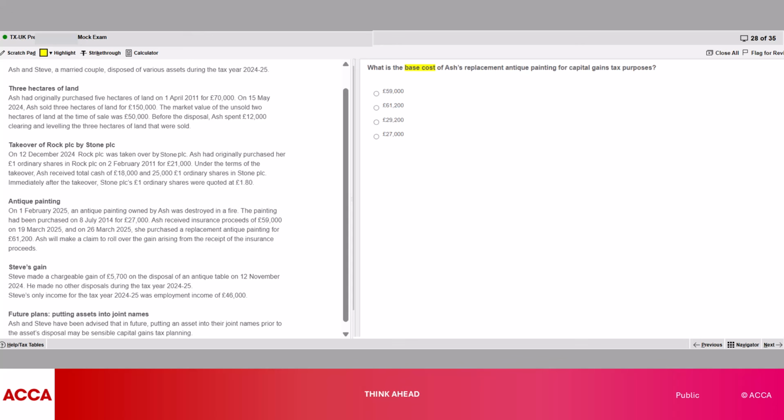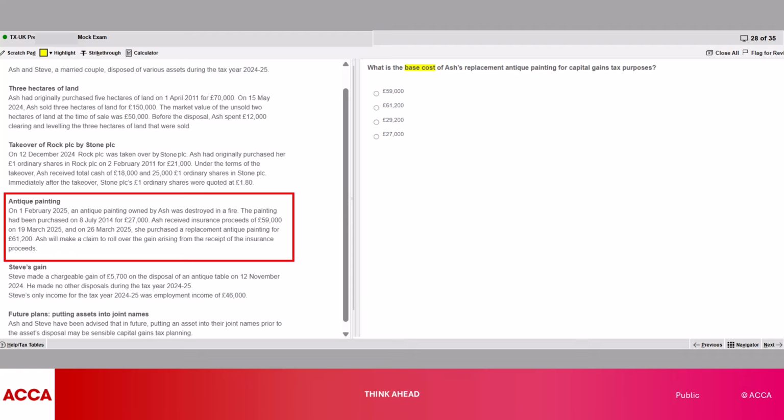In the information, we've got a painting that's been destroyed by fire. It was bought for £27,000 and Ash has received £59,000 of proceeds and has then reinvested all of that amount and a bit more in a new painting just a few days later.